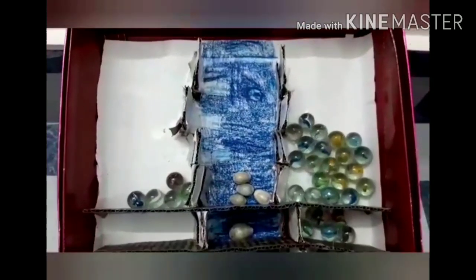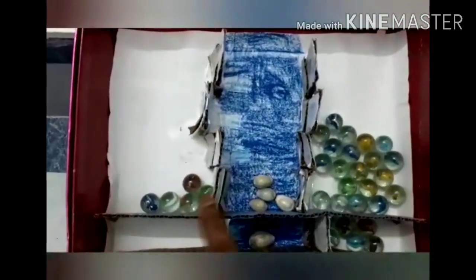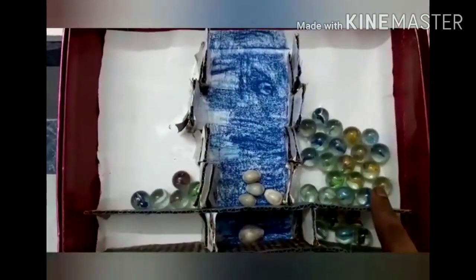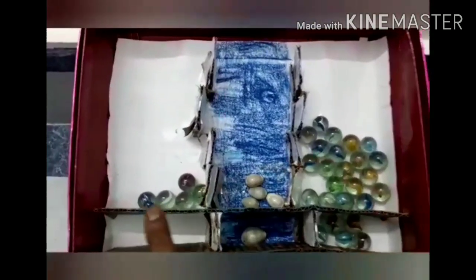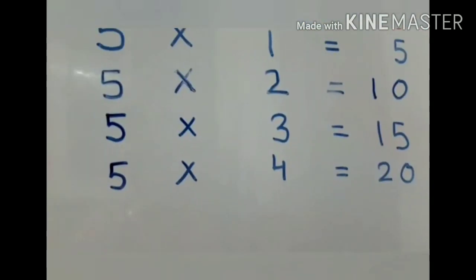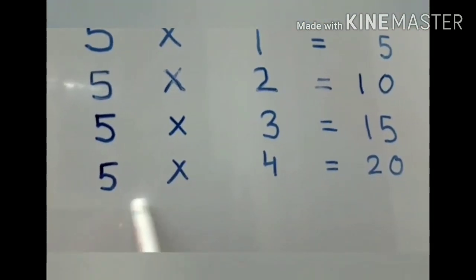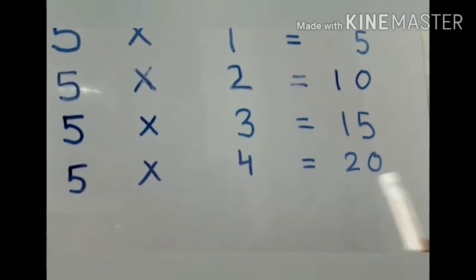Then I will take out this board, and this is 5 fours are 20. There are 20 marbles here. So 5 fours are 20. See children, I have written it, 5 fours are 20.